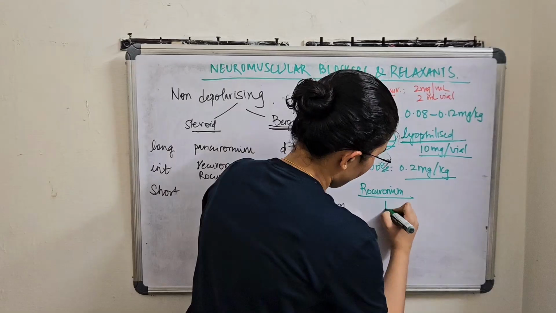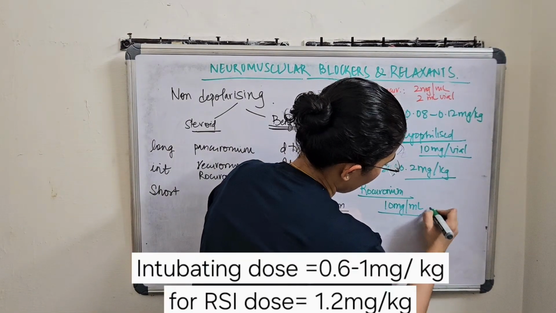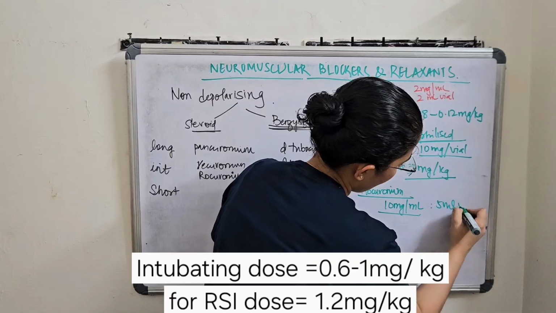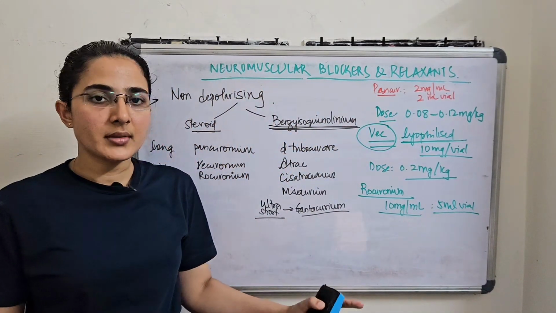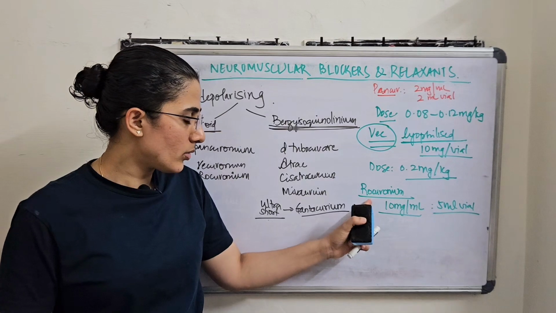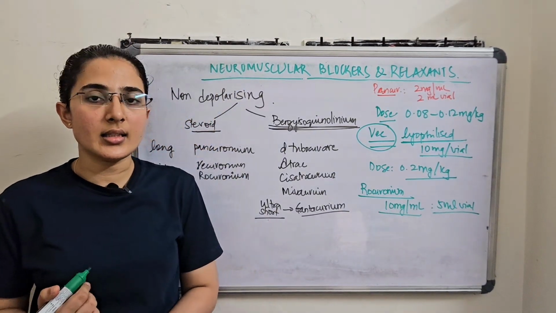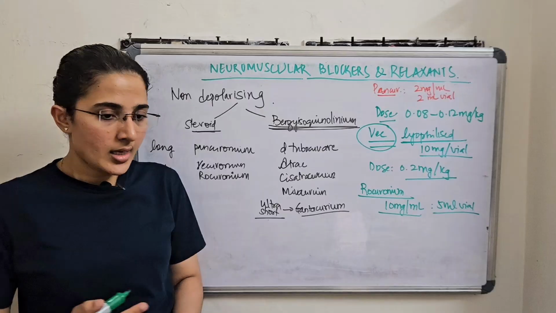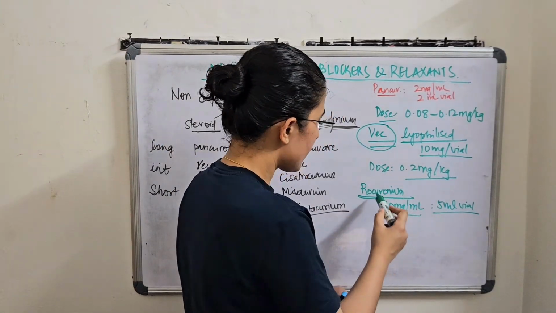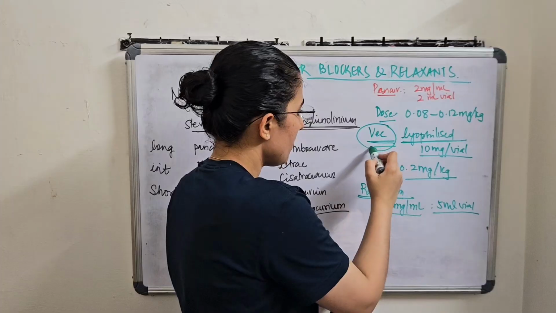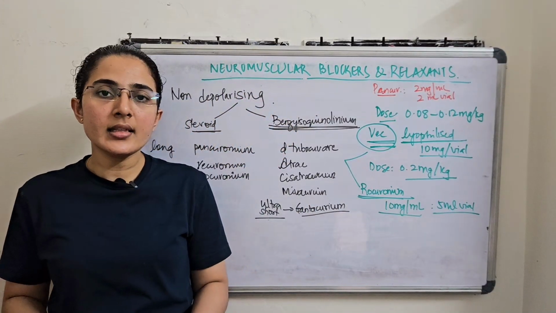It is available as 10 milligram per ml in a 5 ml vial, as a clear colorless solution. Rocuronium is also metabolized along with vecuronium, both of them in the liver, and they are excreted by the kidneys.